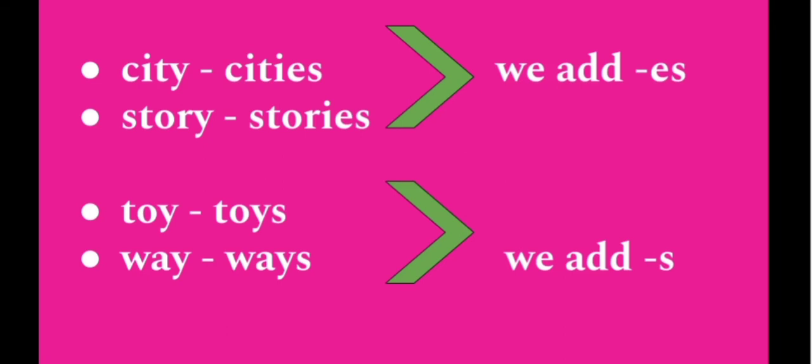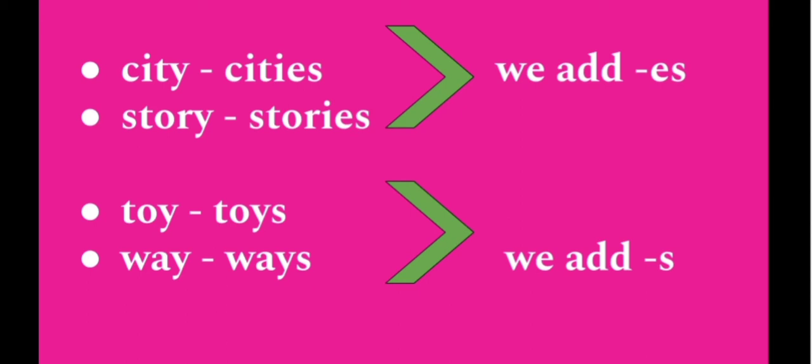I want every one of you to look at these examples. Look at the first example, city. Which is the last letter of the word city? Y. So to make it plural, we add es. So it's cities, C-I-T-I-E-S. Y changes to I, then we add es.